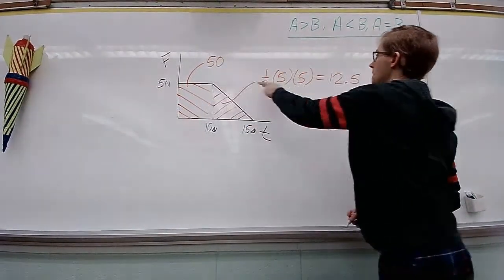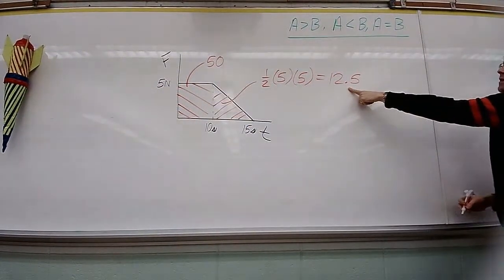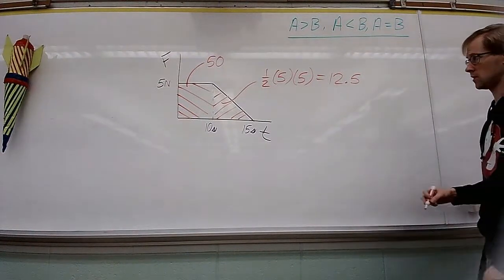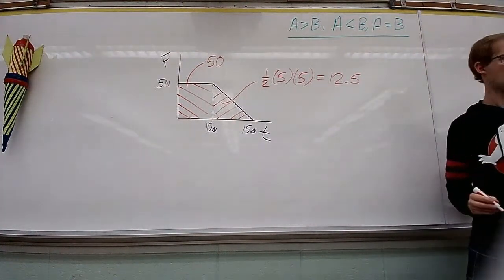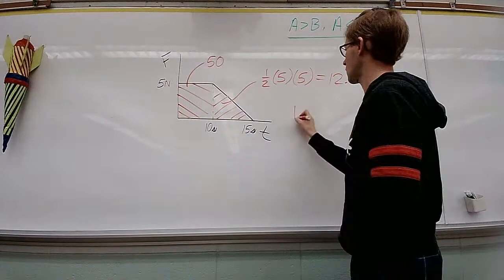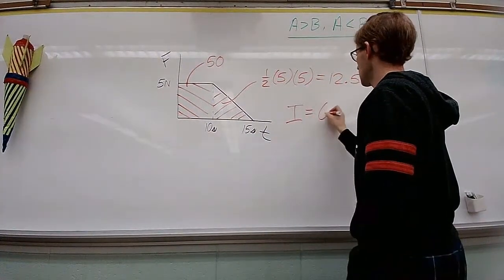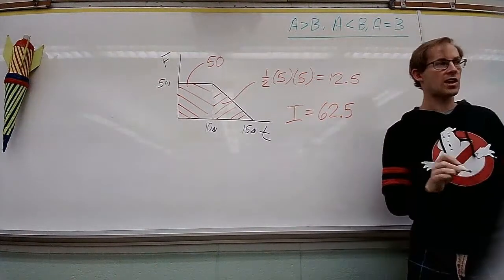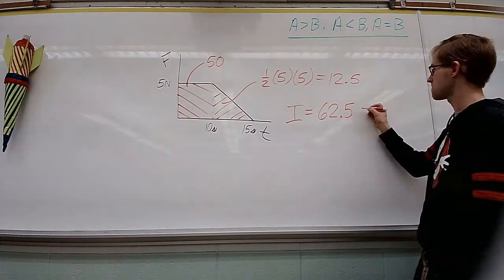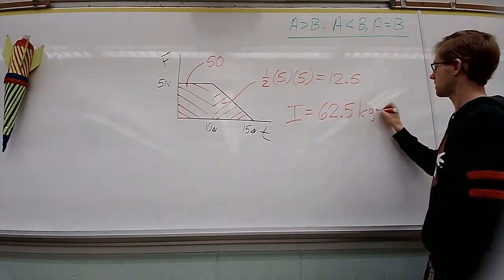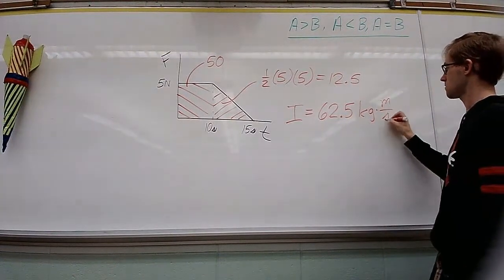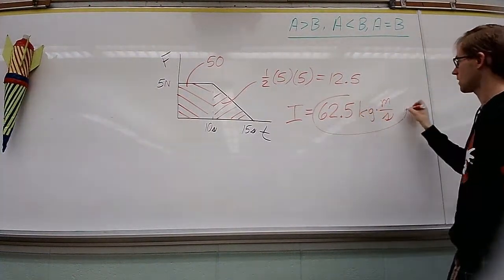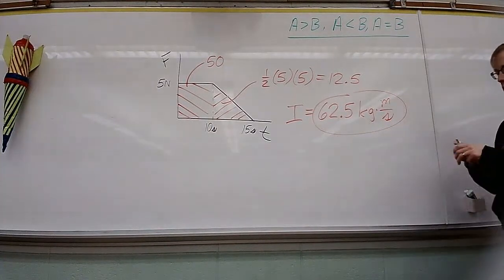So 50 plus 12.5 is going to be equal to 62.5 for your total impulse. And the units on impulse are the same units as momentum, because it's just change in momentum. So kilogram meters per second would be what you do with that.